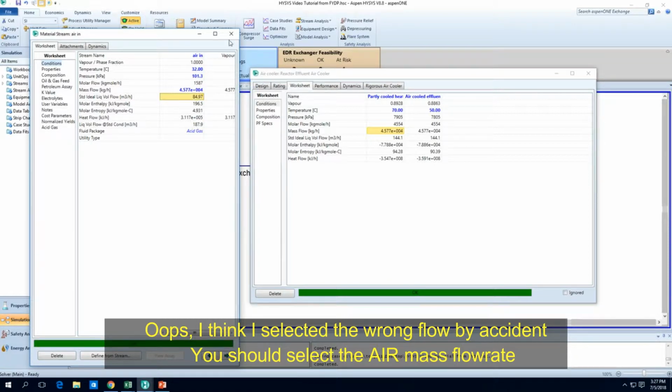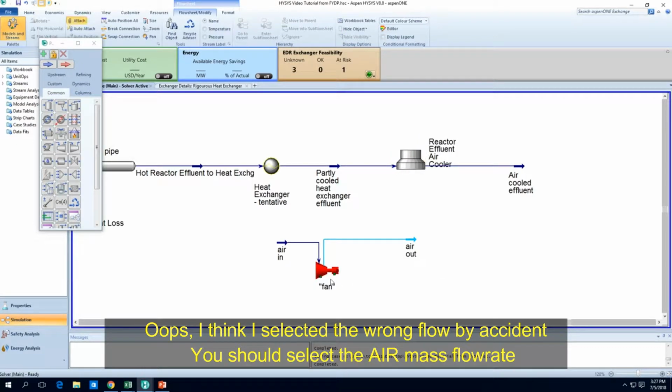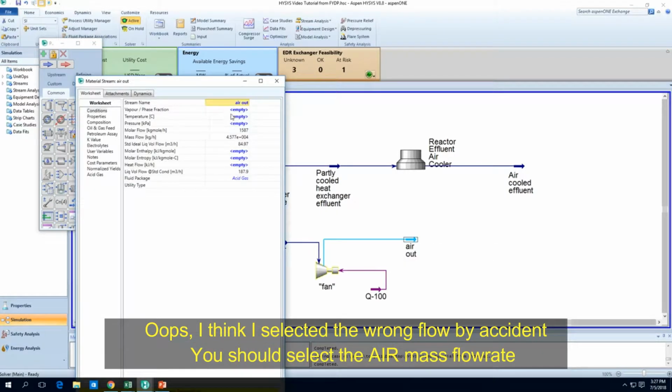There you go. And how much is the energy? You can just drag out the energy stream, and we saw that 0.25 kPa is about half an inch of H2O. So we go with that.